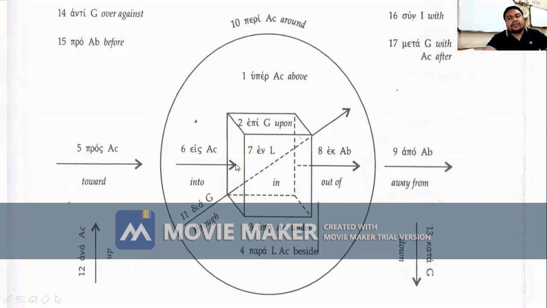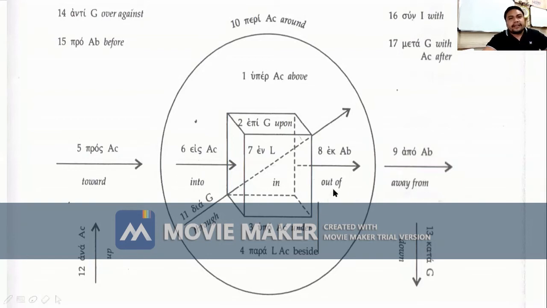So it's near to the object. Seventh is en. It's inside the object. That is en. 8 is ek. Out of. So it came out of the object. That is ek. And 9, away from. That is farther from the object or the point of reference.